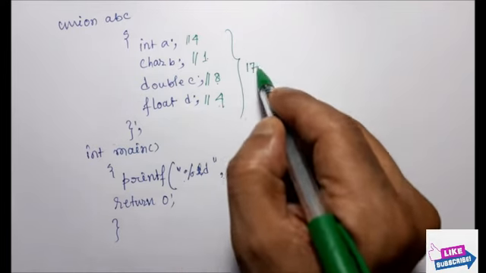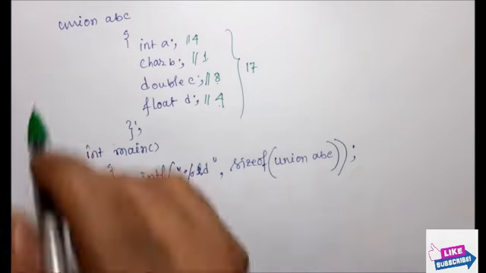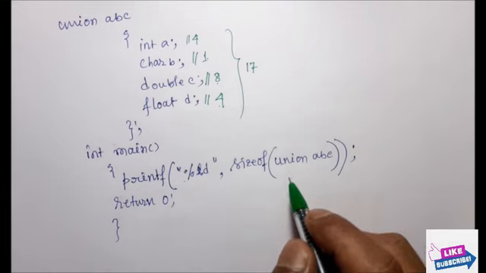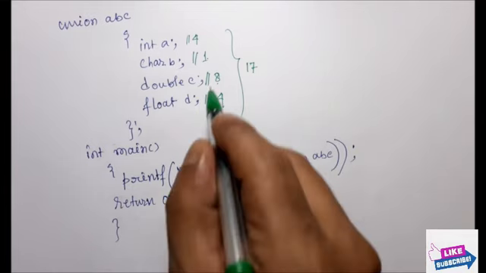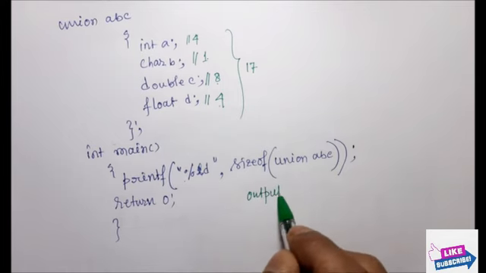So, 17 bytes if I use structure. Instead of structure, if I use union, what will be the size? The output of this program will be 8 bytes.